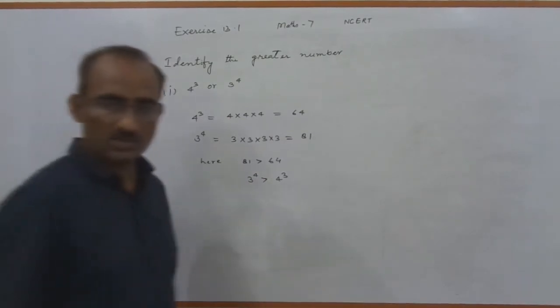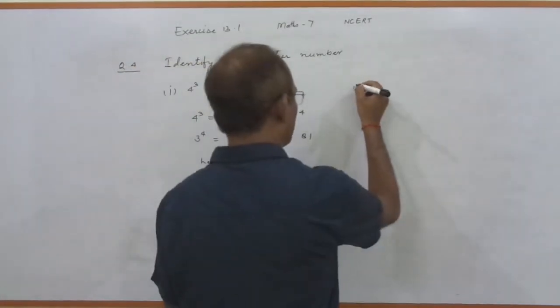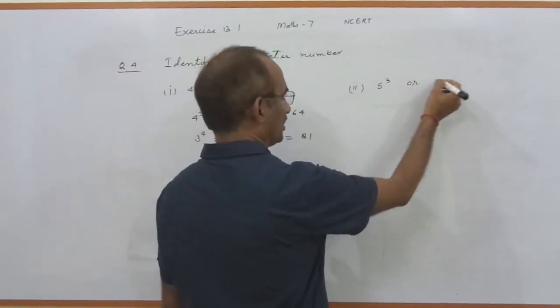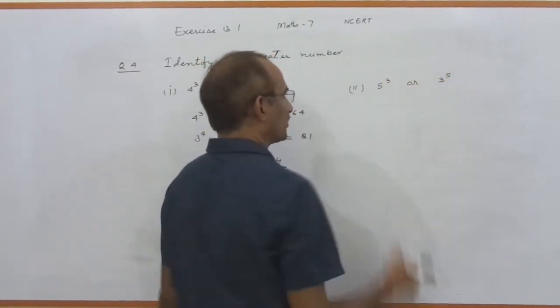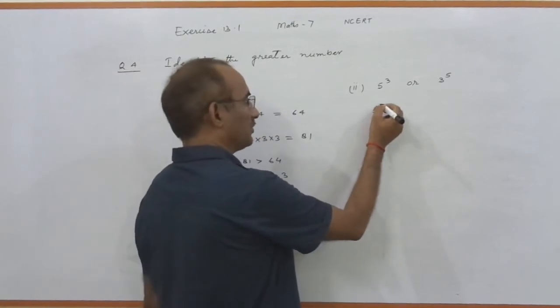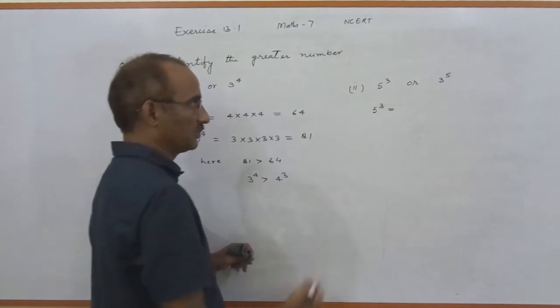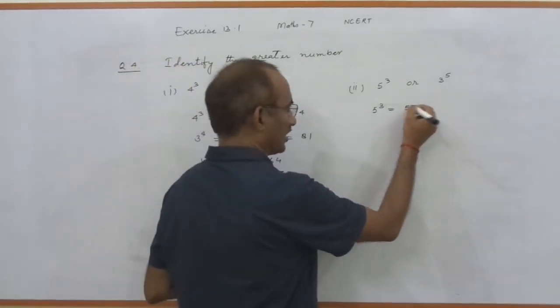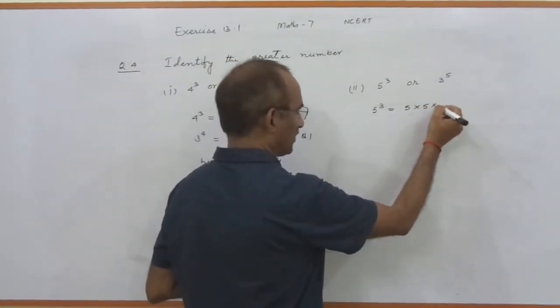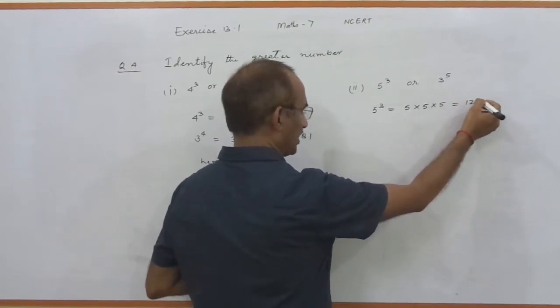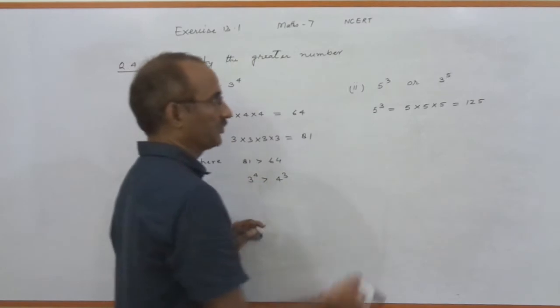Now the second question is 5 power 3 or 3 power 5. So first of all we have to find the value of 5 raised to the power of 3. It can be written as 5 multiplied by 5 multiplied by 5. So we get 125.